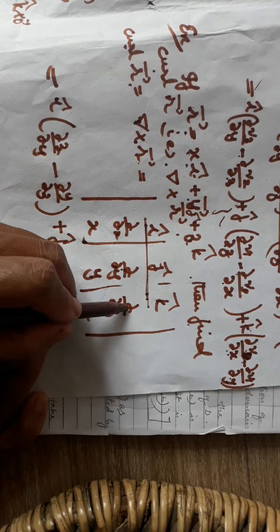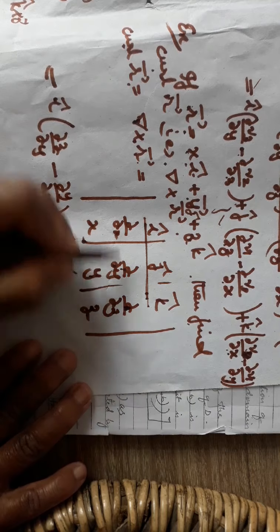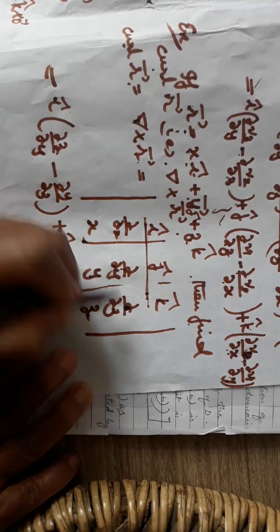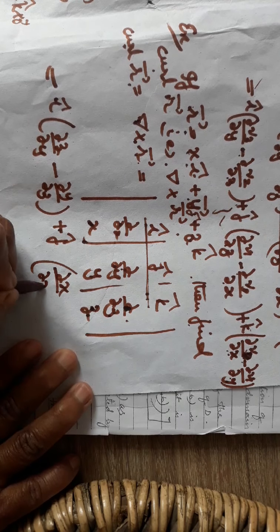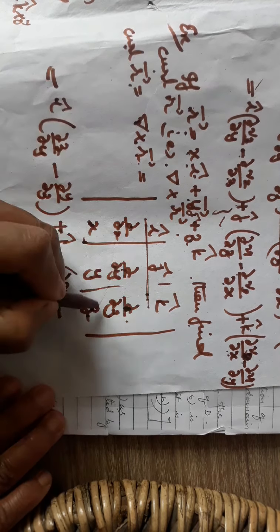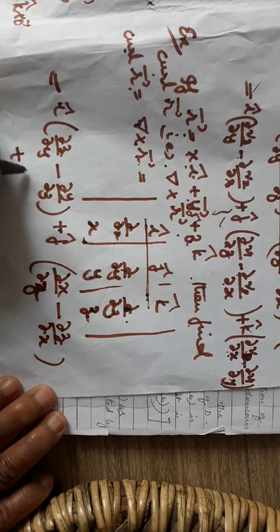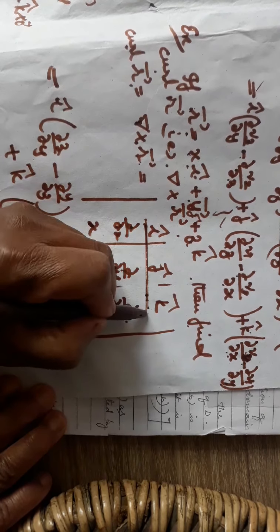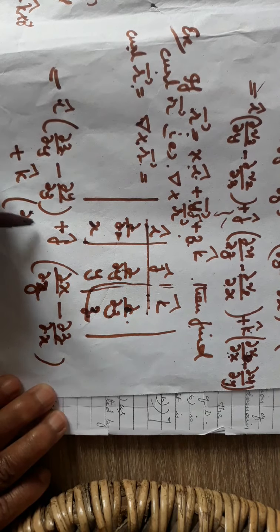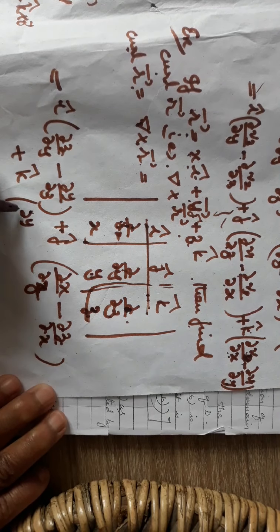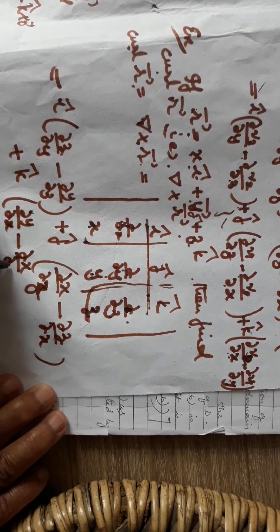Here, cross multiply del x del z minus del z del x, and then plus k cap, eliminating the first row and the third column, so you have del y del x minus del x del y.